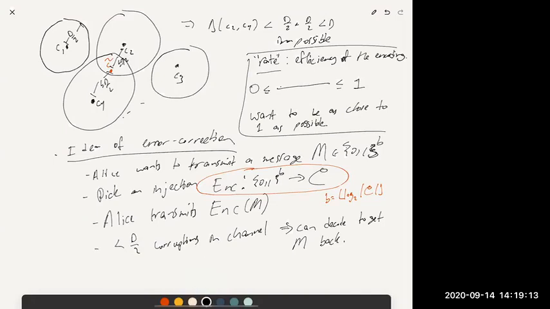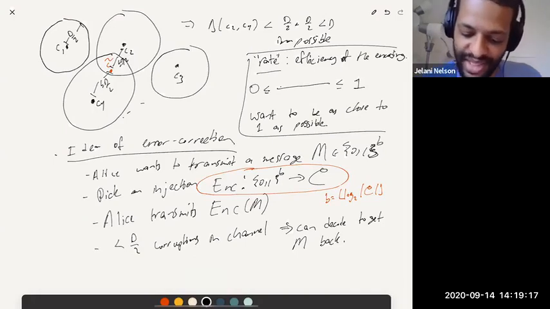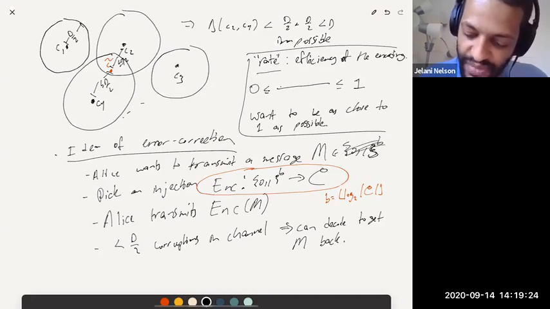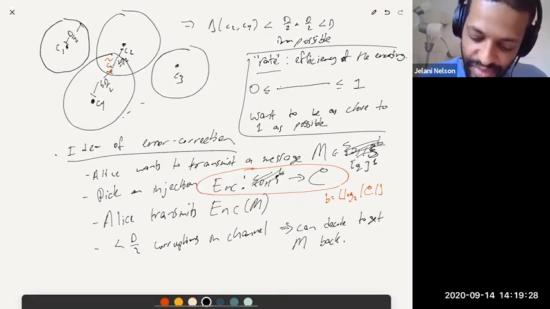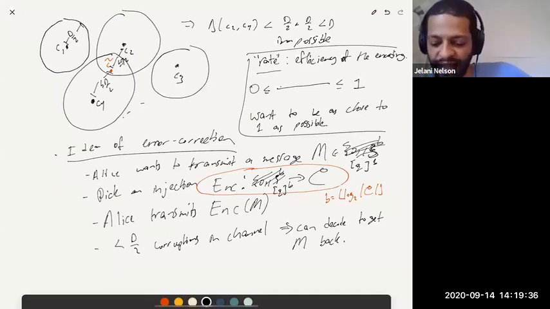So, to make my life a little simpler, let's say the message itself is over the same alphabet. Basically, if not, you would have to introduce a log Q somewhere. So the point is, I took a B length vector and encoded it as an L length vector.